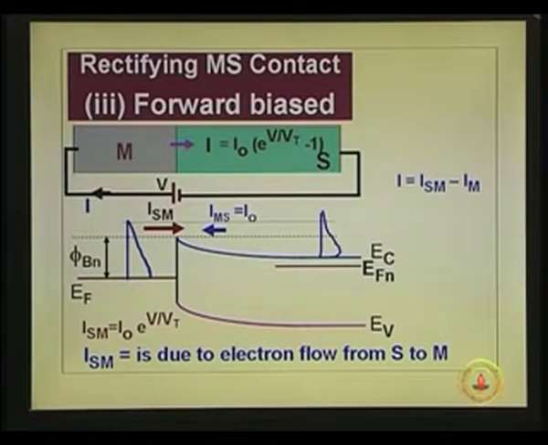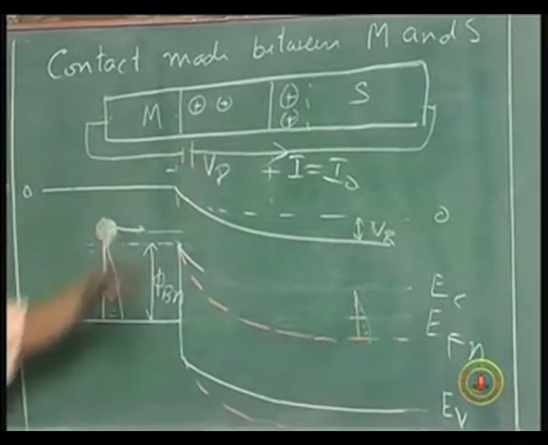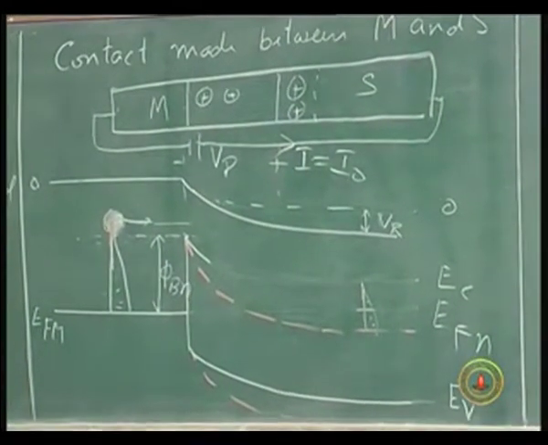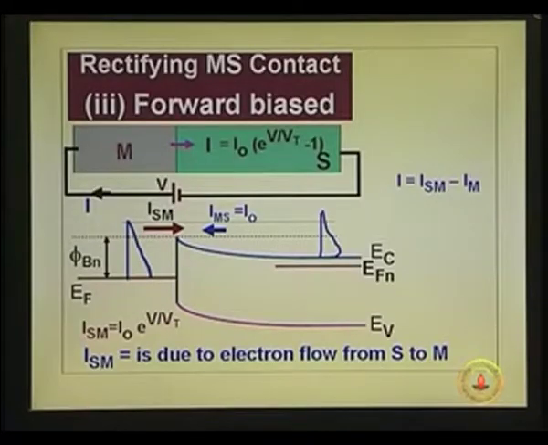I do not have to redraw that. When you forward bias, the entire thing shifts up from the thermal equilibrium situation. The conduction band goes up, and the Fermi level has gone up from the thermal equilibrium situation by an amount equal to the applied voltage. Is that clear enough?